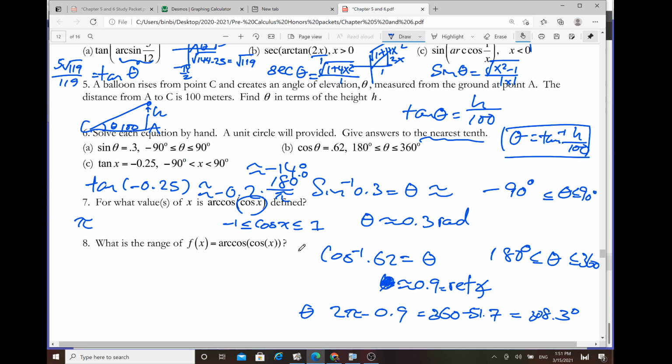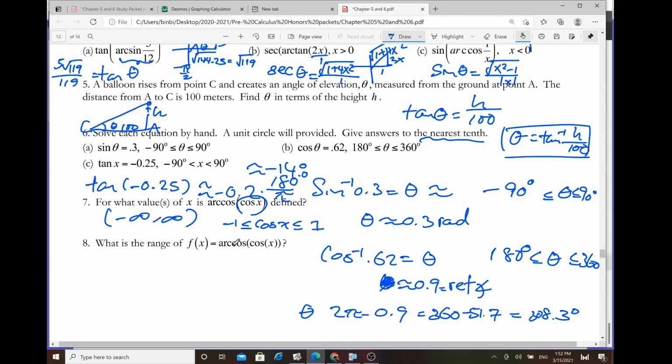So let's put it this way. For the values of x for that arc cosine, it doesn't matter what kind of x value you put in here; the ratio could be 0, positive, negative, and there's no restriction on x. So if there's no restriction, we can put in negative infinity to infinity.